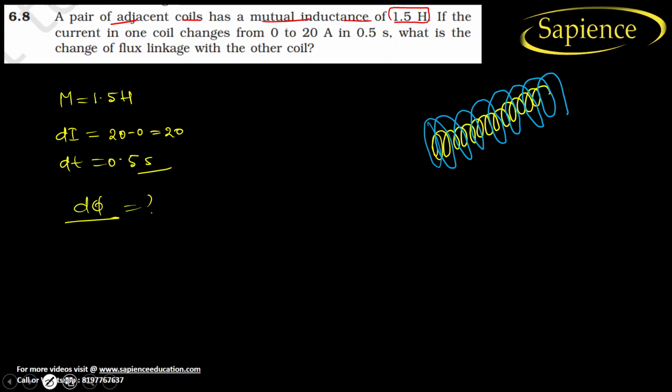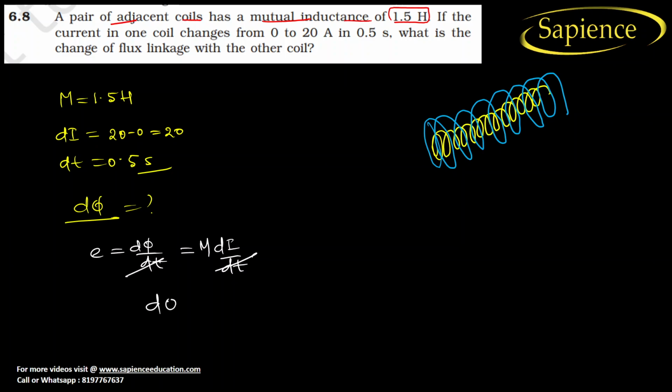First of all, you know that EMF in both the coils will be the same. So this will be equal to d phi by dt. Also we know that E is equal to M, mutual inductance, into di by dt. Now from this, dt got cancelled out.